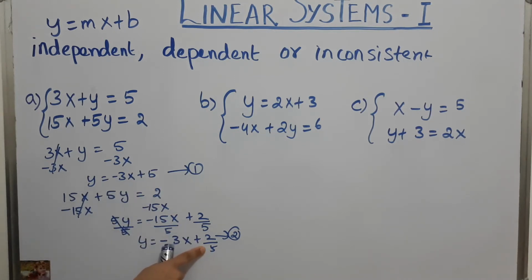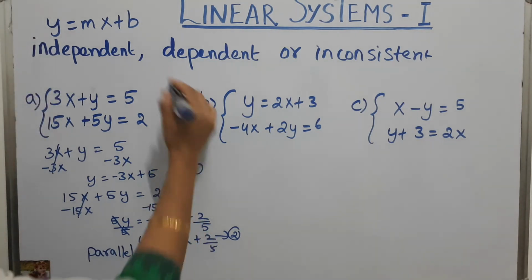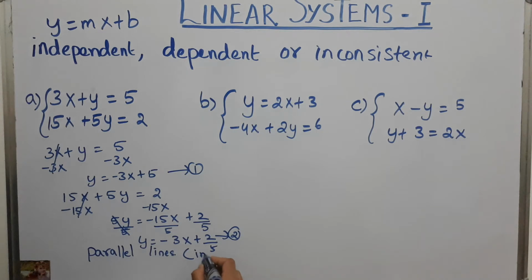So the intercept is different but the slopes are the same. So we can say they are parallel lines, because the same slopes mean they are parallel to each other. Parallel lines are always inconsistent. So this is an inconsistent system of linear equations.